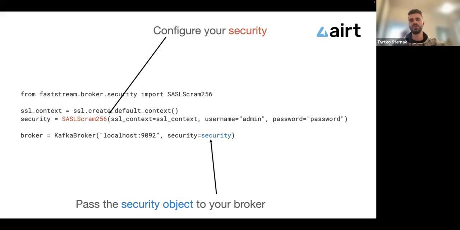So you know you want to connect with the SASL Scram 256, and then you create your Scram object, pass in the SSL context, username and password, and when you're creating your Kafka broker that connects to the remote Kafka, you just pass in the security object. If you would like to use any of the other securities, you just instantiate another object, create SSL plaintext, and pass it in to your broker.